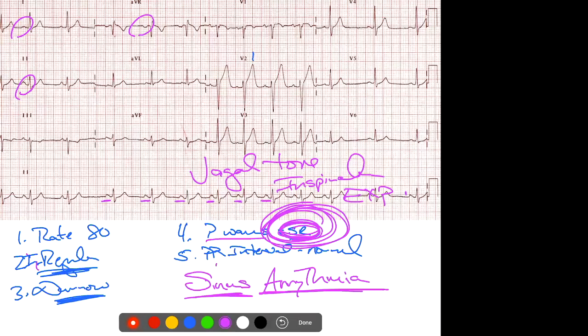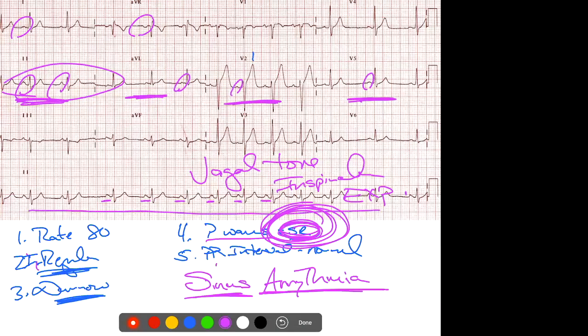Because if we change the perspective, we go from an inferior lead in lead 2 to a lateral lead in aVL, to a right-sided precordial lead in V2, to a left-sided lateral chest lead in V5. All these have different perspectives, so the P waves are going to look a little different because they're all viewing the heart from a different angle. If we look at them all in lead 2, that would be okay.